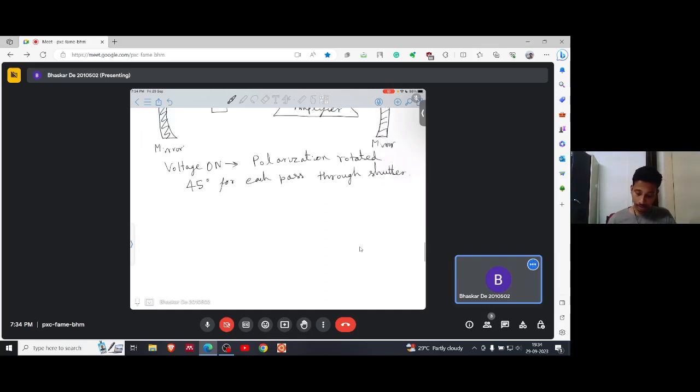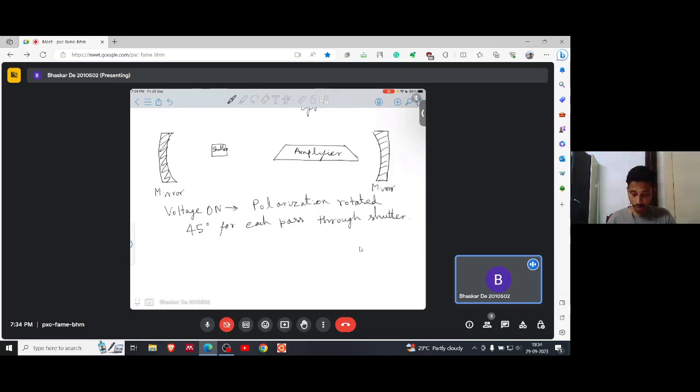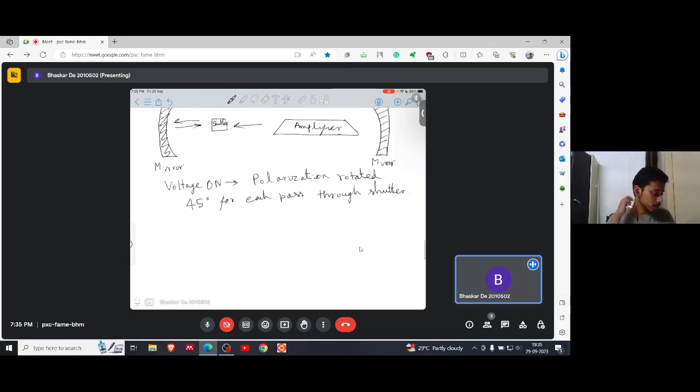So basically the polarization is rotated 45 degrees, so the beam which is coming from this side will pass the shutter and have a 45-degree polarization difference. Then after reflecting from this mirror, it will again come here, and then it will have another 45-degree polarization difference.